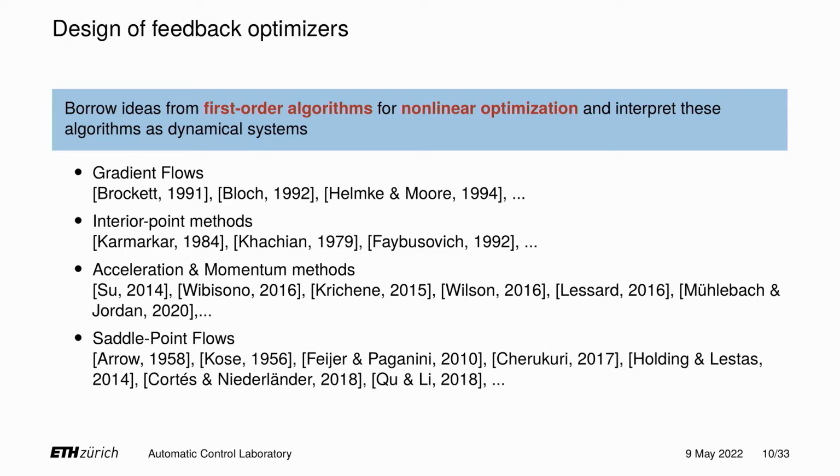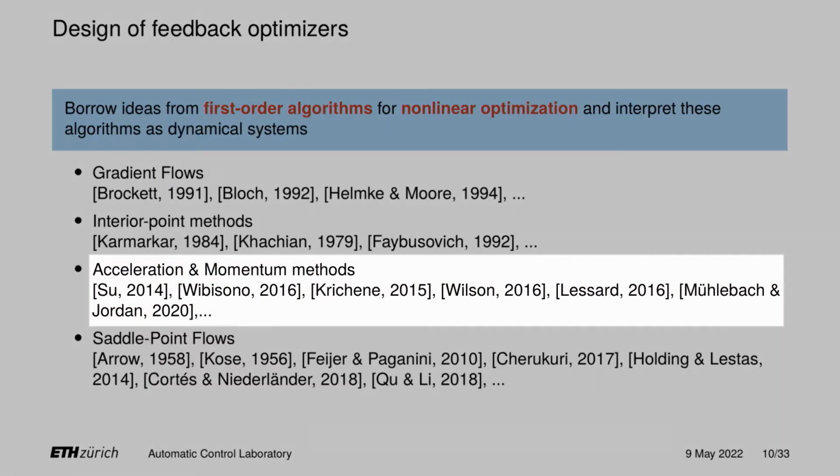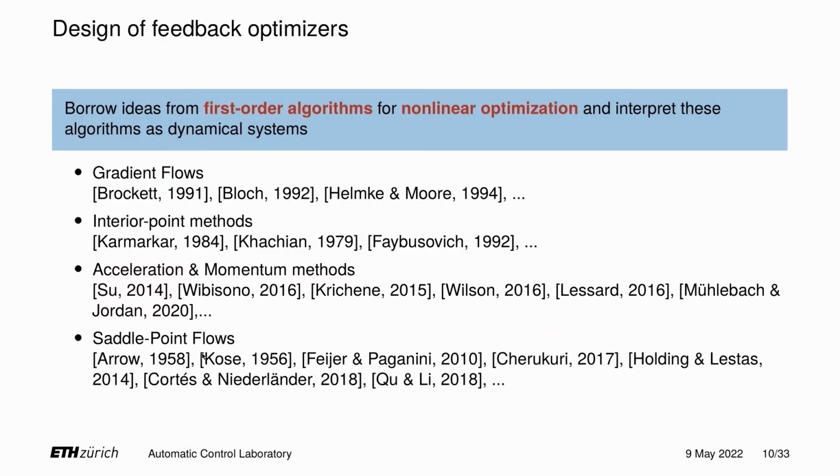Maybe it's worth pointing out the third category, acceleration and momentum methods, for which, of course, we just heard some of the most recent understanding of how these are dynamical systems. And saddle point flows, whose convergence properties have also been looked at relatively recently.